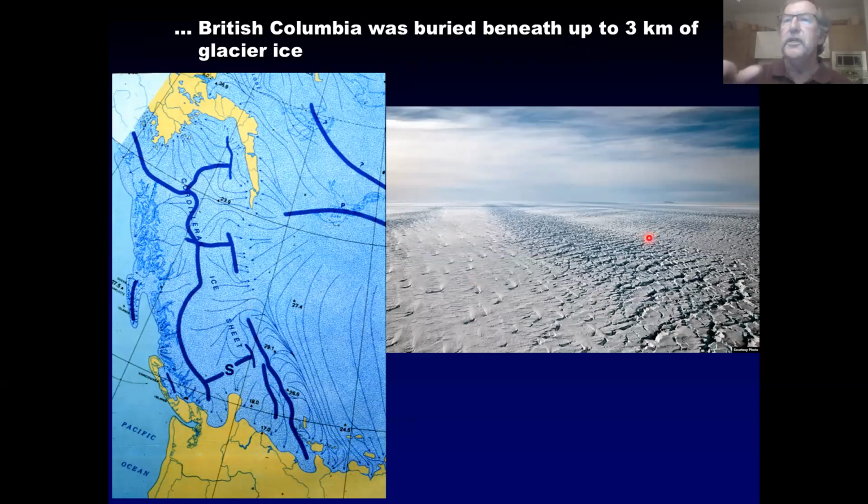I'm, of course, using Antarctica as an analog, but all of British Columbia was buried beneath up to about 3 kilometers of glacier ice that I mentioned before. It flowed in a complex pattern controlled by the topography on which it rested.